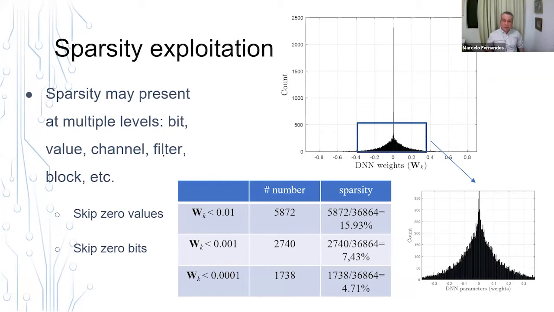In this example, we have more than 5,000 values less than 0.01, about 2,700 values less than 0.0011, and 1,700 values less than 0.001.